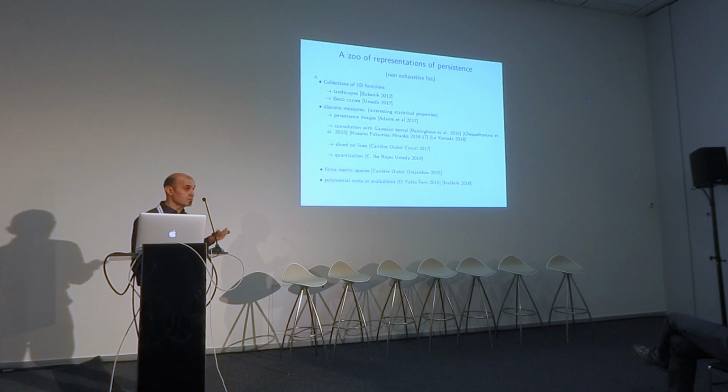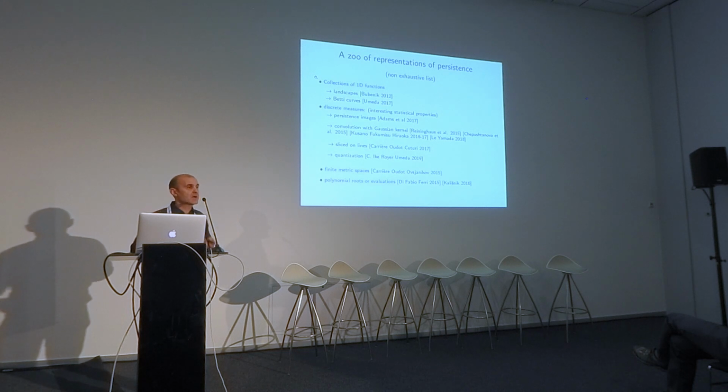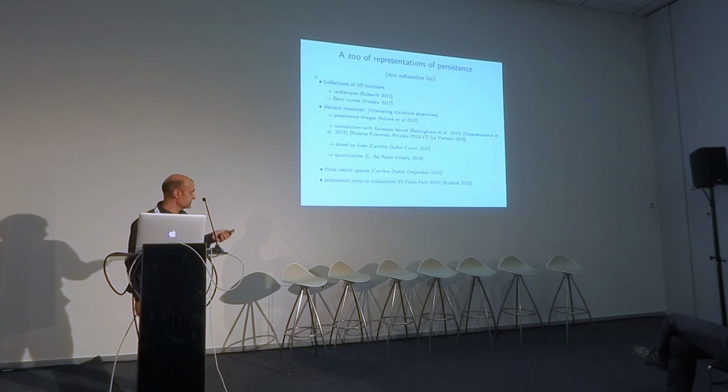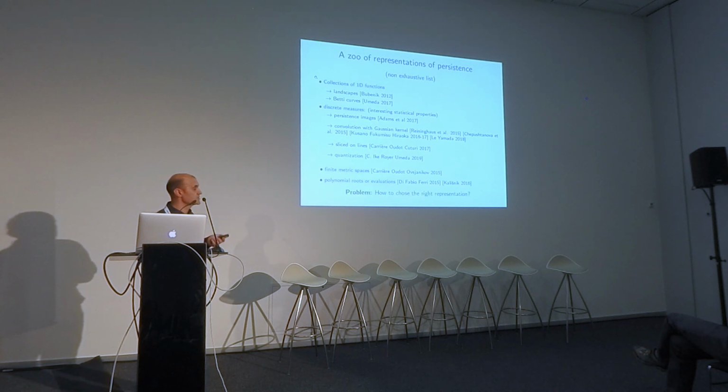And as usual for this kind of problem, there is not a single universal good way to vectorize a diagram. So in particular, if you are a beginner in TDA, when you get this list of all possible ways to transform a diagram into a vector, you don't know which one to choose.